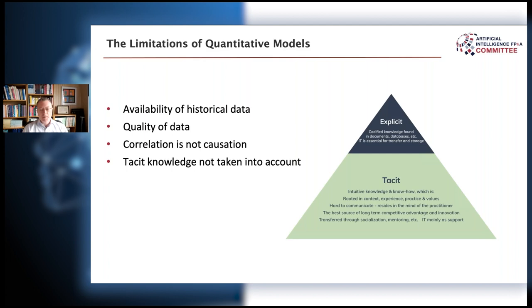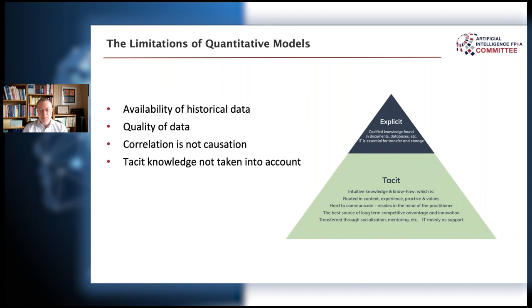But this is actually when it comes to decision making, and of course in the end, I think we can all agree that the purpose of FP&A is basically to help management make better decisions. And decision making is to such a large extent based on qualitative information and tacit information, basically.